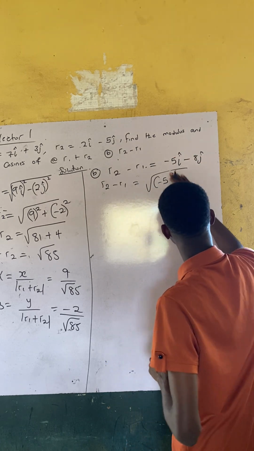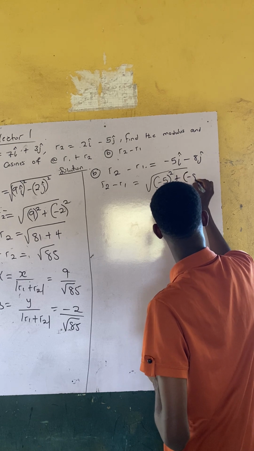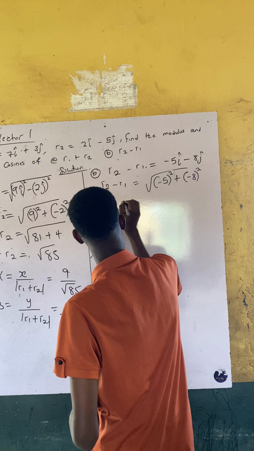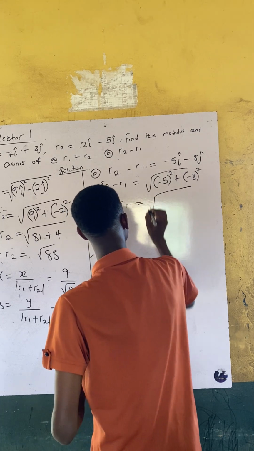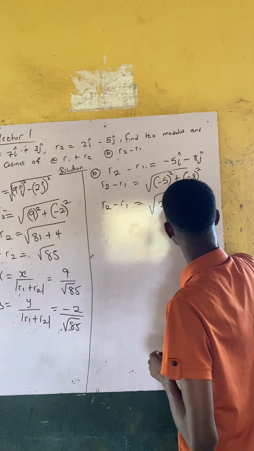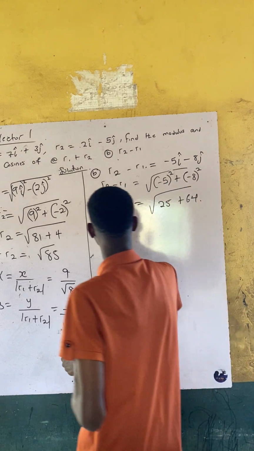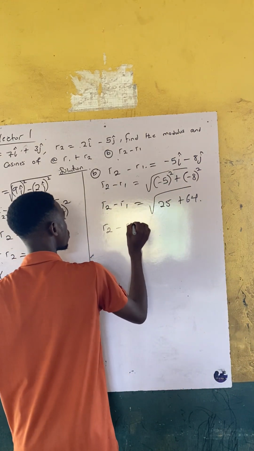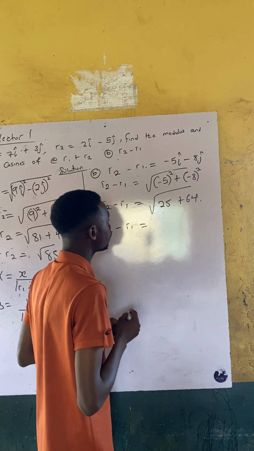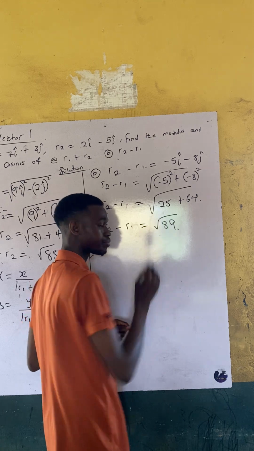Remember, you can remove the i hat, then plus (minus 8) squared. So resultant 2 minus resultant 1 equals the square root of 5 times 5, which is 25, plus 8 times 8, which is 64. 25 plus 64 gives us 89. That gives us the square root of 89.